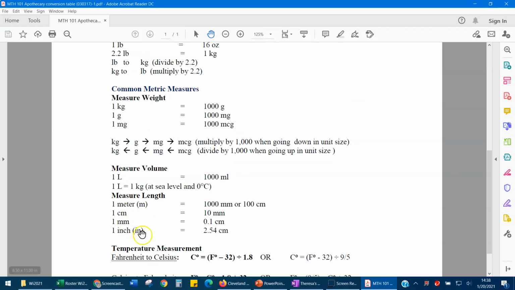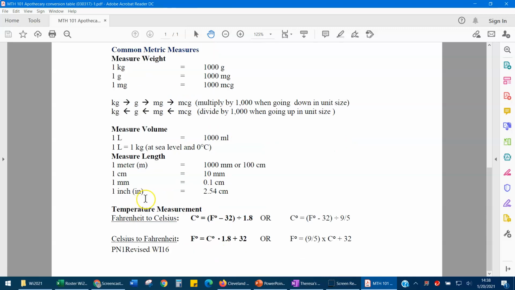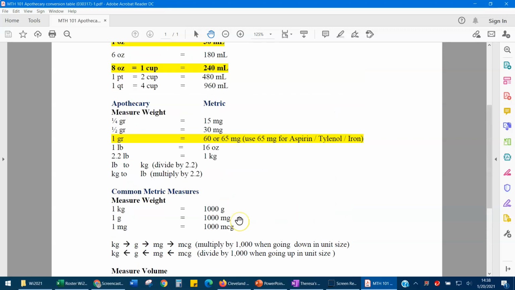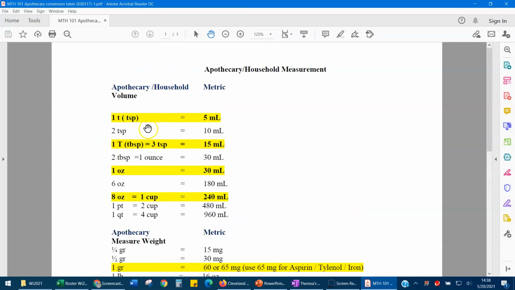Okay, again, here's more metric, and we'll get to temperature probably a bit later. But here, 1 inch is 2.54 centimeters, so that's going from a household measurement to a metric measurement. But definitely have the ones in yellow memorized, and pretty much everything else you can derive from those yellow measurements.